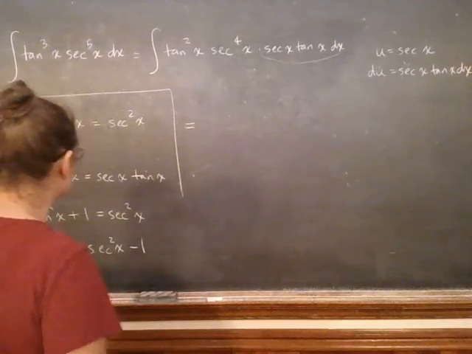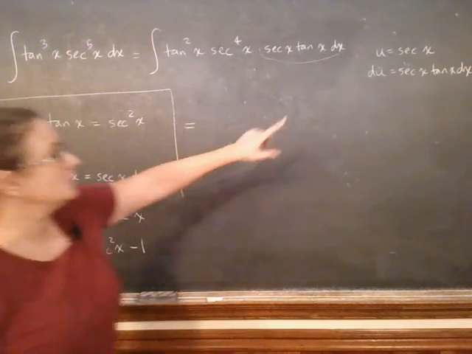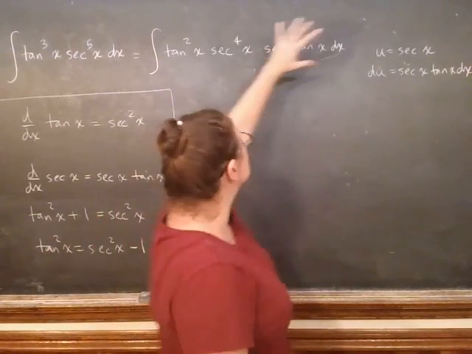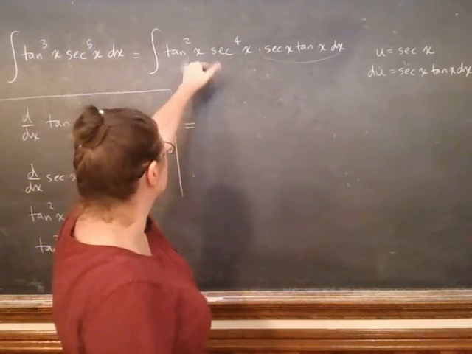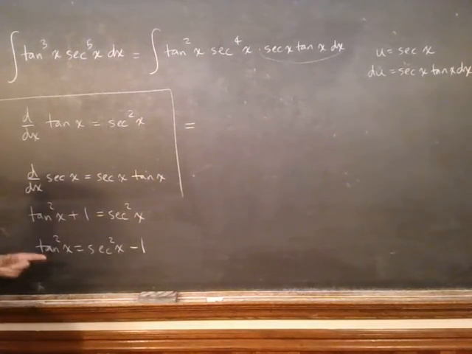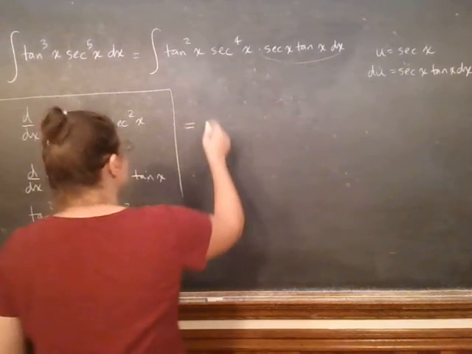So as I said, because I want u to be secant, this one I'm just leaving for my du, but all the rest of them I want also to be secants. So I'm going to put this guy in for tangent squared.